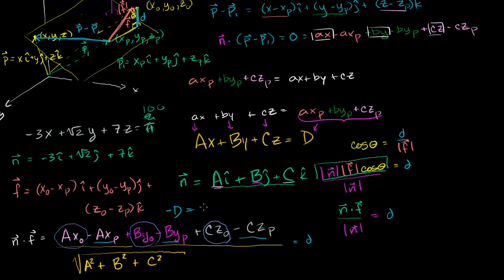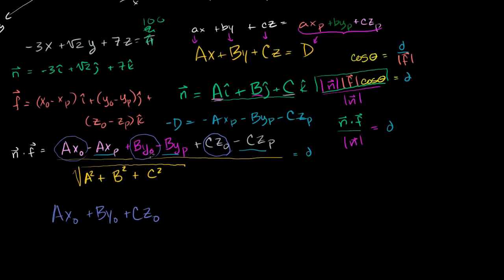Negative d would be negative a xp minus b yp minus c zp, and it's just the difference between lowercase and uppercase here, right? We're saying that lowercase a is the same as this uppercase a. I'm just using what we got from the last video. This is what d is, so negative d will be this business. And that's exactly what we have over here. Negative a xp, negative b yp, negative c zp.